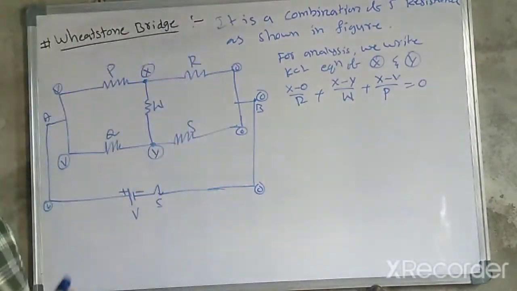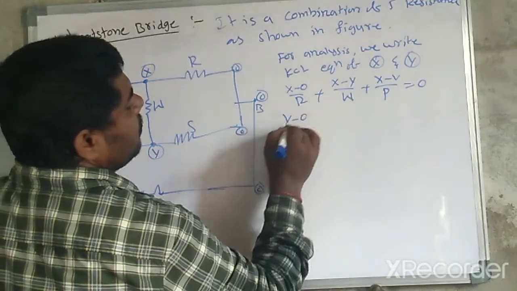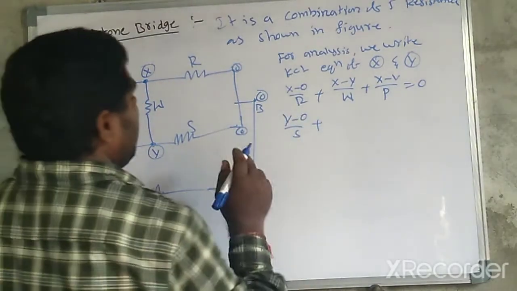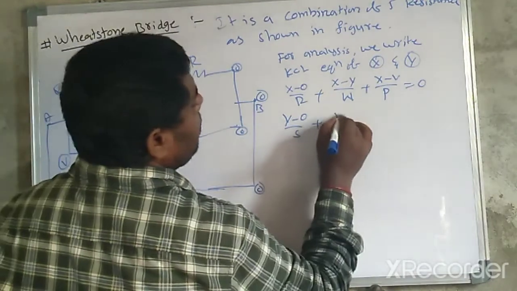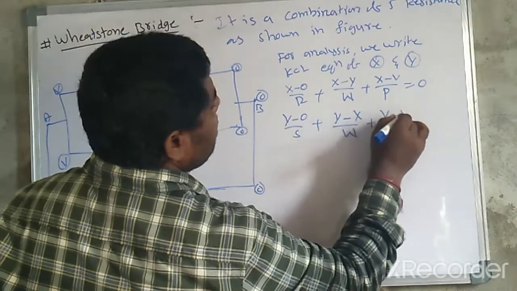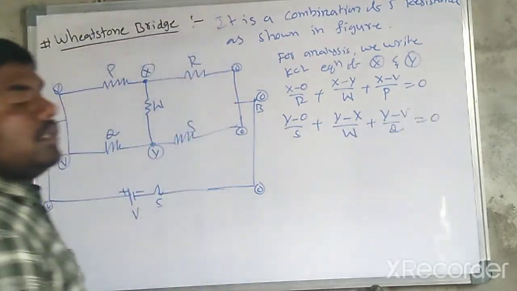From the Y junction: (Y minus 0) divided by S, plus (Y minus X) divided by W, plus (Y minus V) divided by Q, is equal to 0.